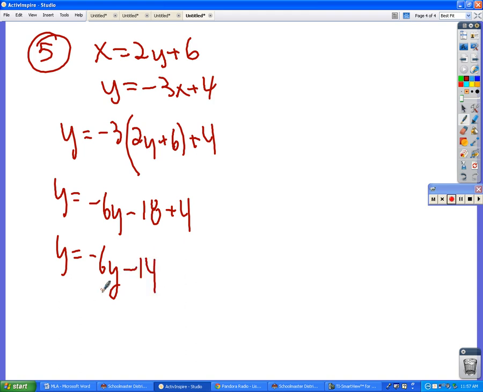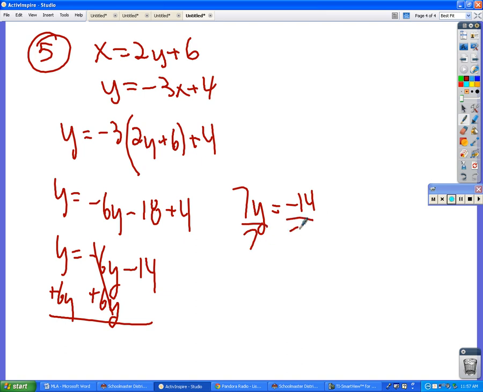Then if I want to get all my y's onto the left, what do I have to do? Add 6y to both sides. So those cancel, and you get 7y equals -14. So y, you have to divide by 7. So you get y equals -2.